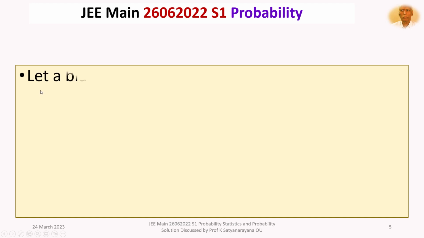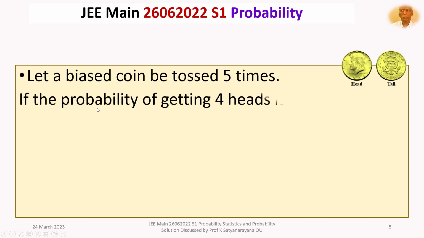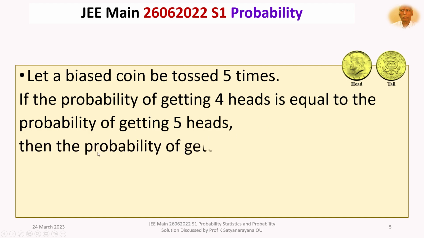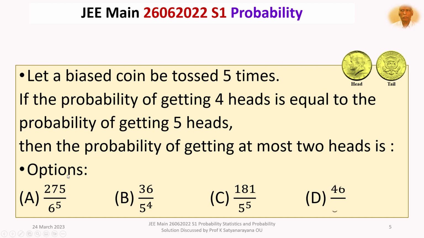The given question is, let a biased coin be tossed 5 times. If the probability of getting 4 heads is equal to the probability of getting 5 heads, then the probability of getting at most 2 heads is, we are given 4 options.